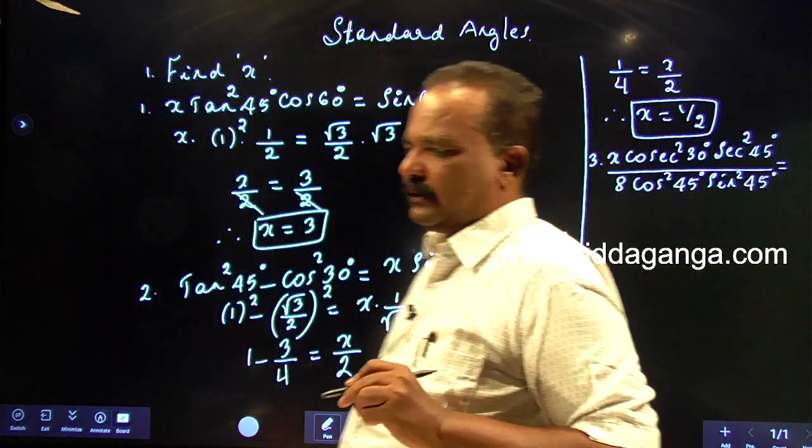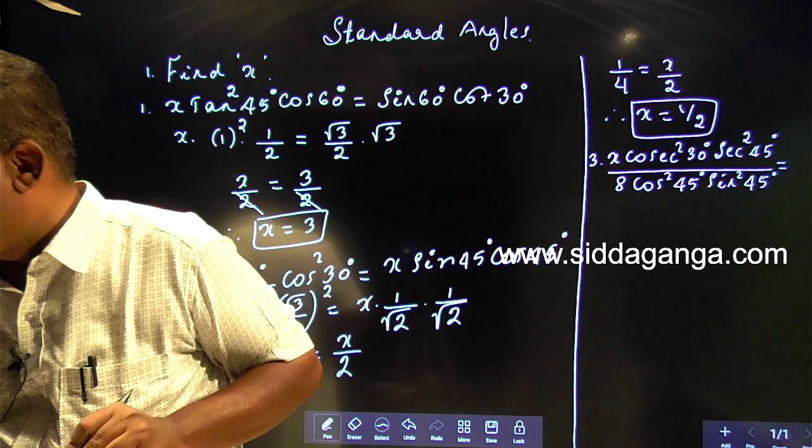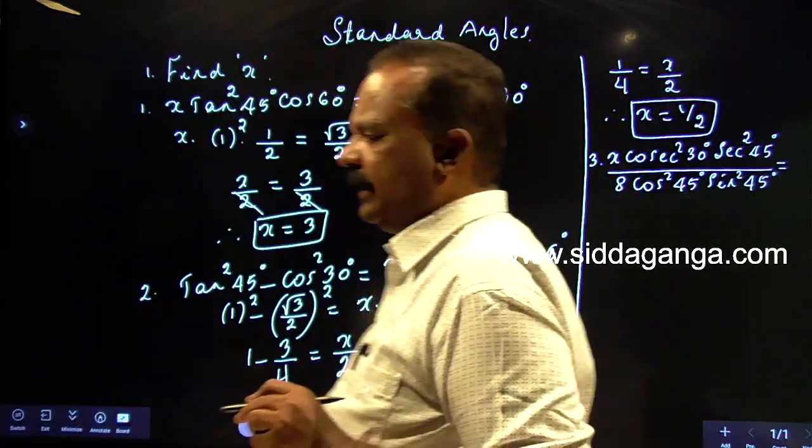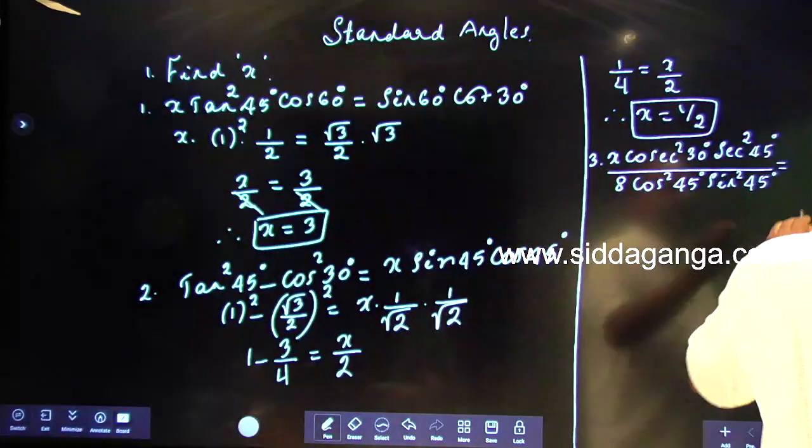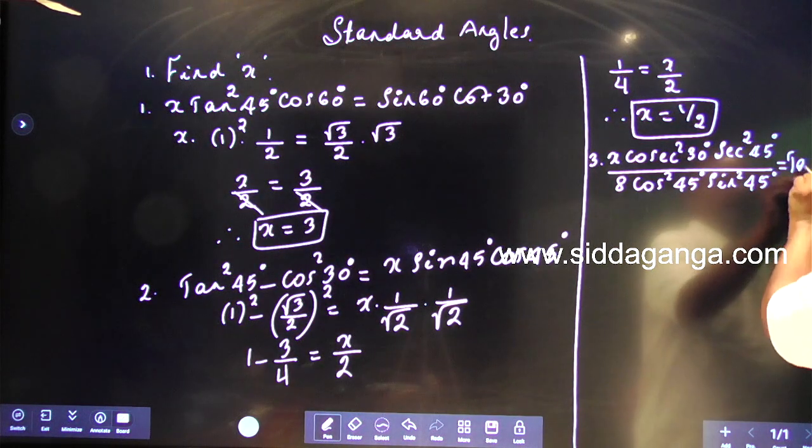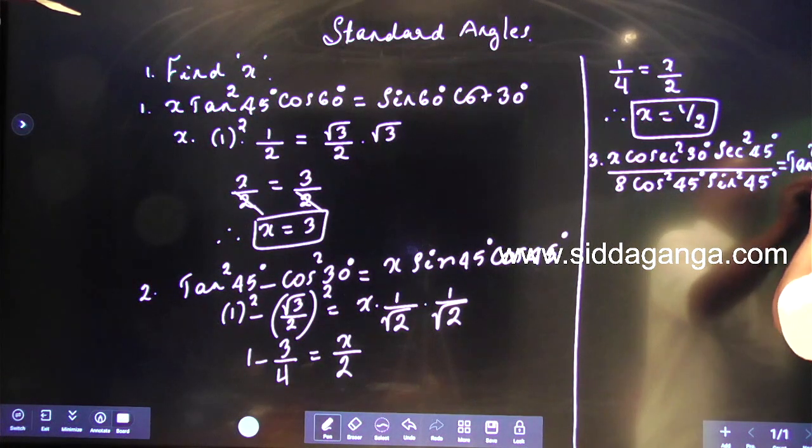That must be equal to tan square 60 degree minus tan square 30 degree.